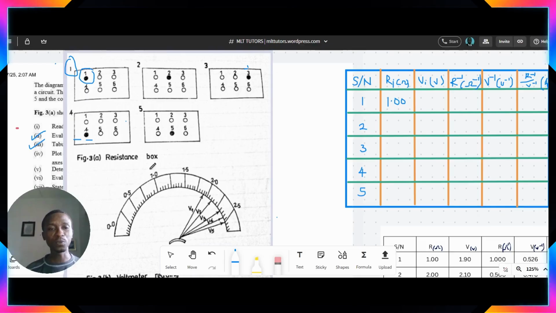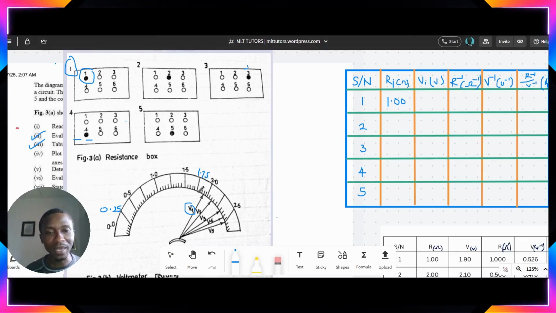Then the corresponding value of voltage at that point, here it is, V1. Then we have to read this. If from here to here is 0.5, that means here will be 0.25. Then here will be 0.75, 1.0, 1.25, 1.5. Then here will be 1.75. And there is 2.0.